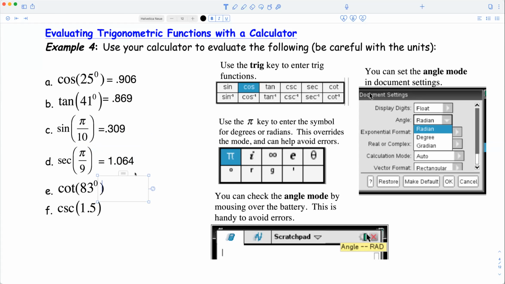Cotangent of 83 degrees is 0.123. And cosecant of 1.5 radians is 1.003. And here in the notes, I've explained what we just talked about.